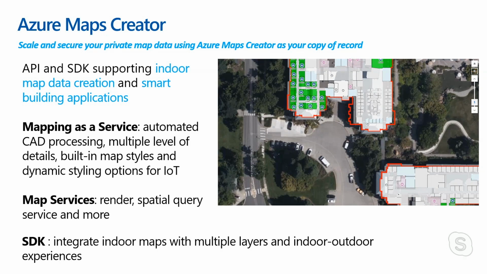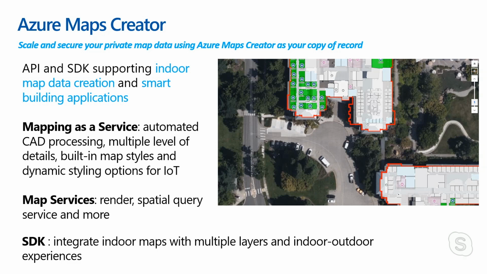And we basically categorize this function into a set of APIs that are serving as a mapping as a service, where you, for example, can take advantage of an automated conversion tool that takes CAD-generated data during construction and transforms it. You can import multiple levels of detail.